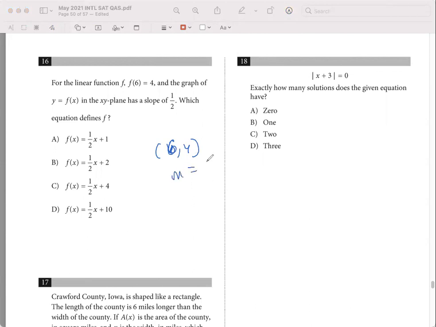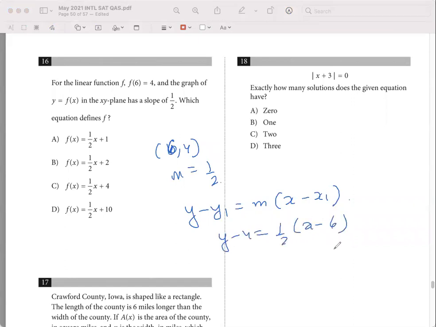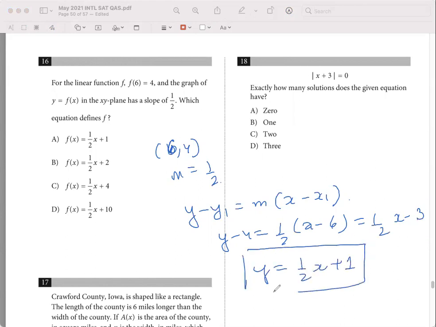And we know that the slope is half. So y minus y1 is m times x minus x1. This is the equation to use. Y minus 4 is half x minus 6, which is half x minus 3. So y is half x plus 1. So y is half x plus 1, option A.